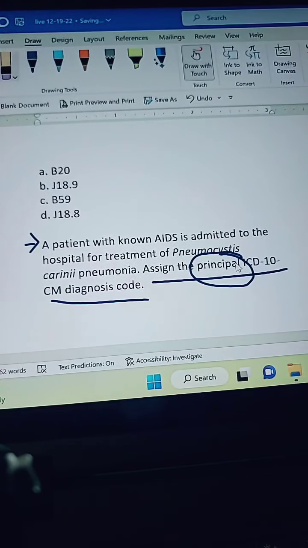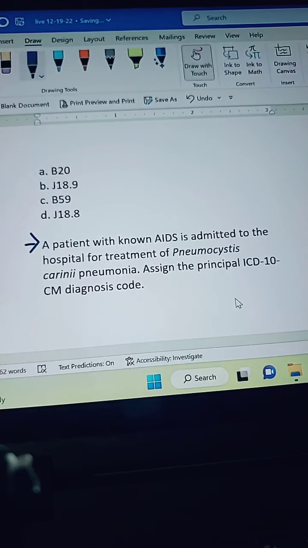Be sure and check. So what would be the primary diagnosis for a patient with known AIDS who has pneumocystis pneumonia?